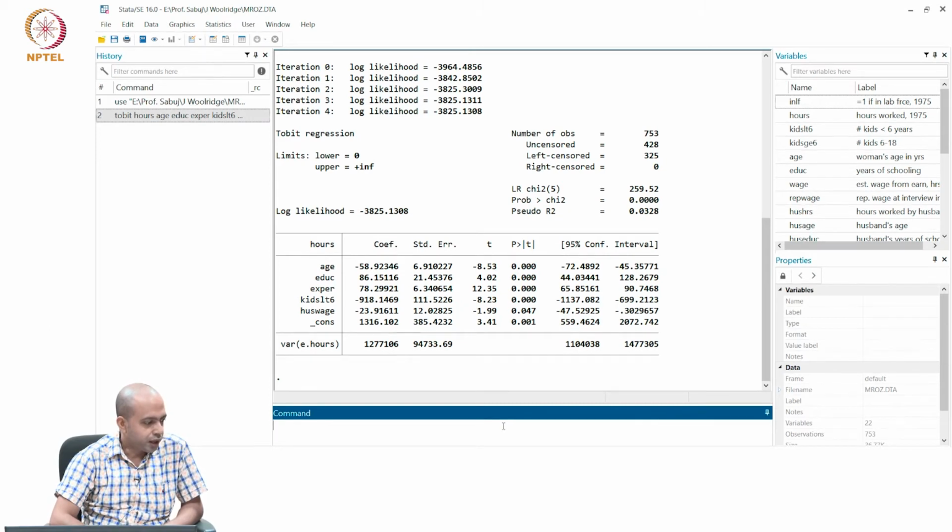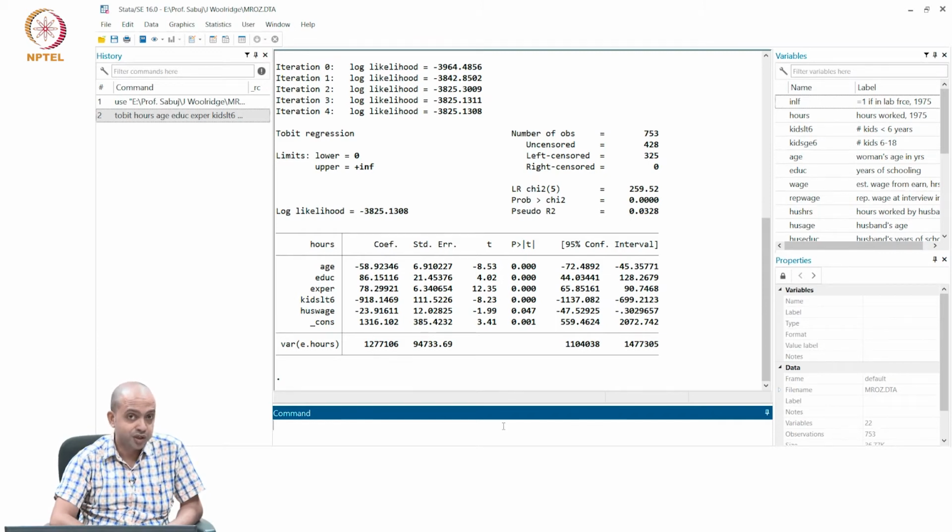And here, in the context of likelihood estimation, you have a total of 753 observations, out of which you get 428 uncensored observations.